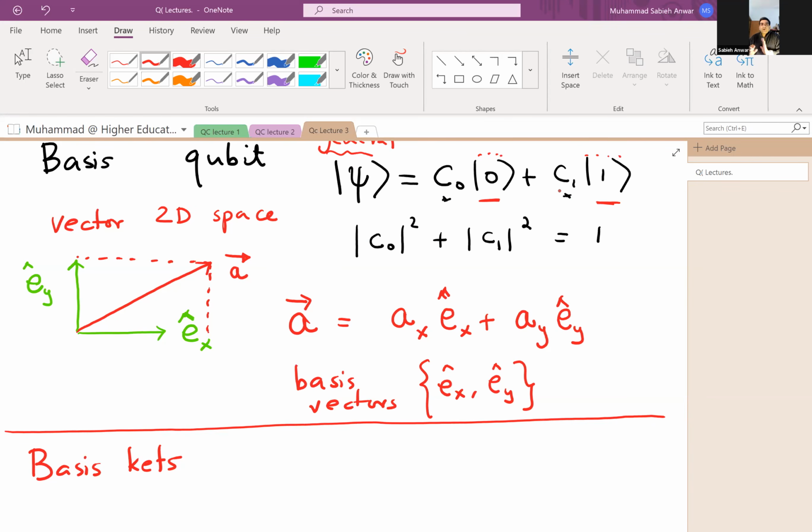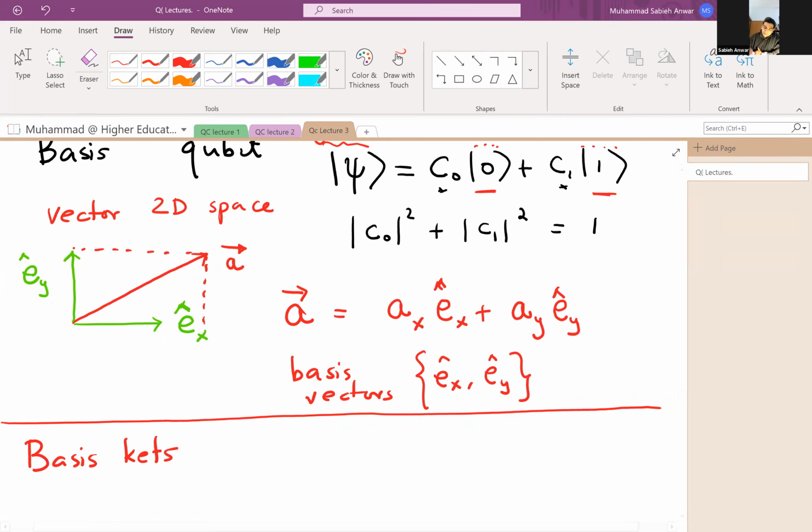So most quantum states, by the way, which are pure, I haven't described pure or mixed states, but for the sake of simplicity, let's say that all quantum states can be represented in terms of a superposition of basis kets or basis vectors. And there is a certain amount of each basis ket. In this particular case, it's C0 and C1.